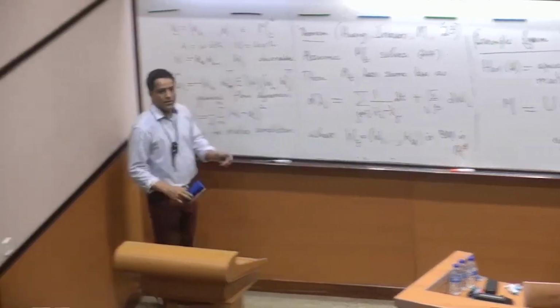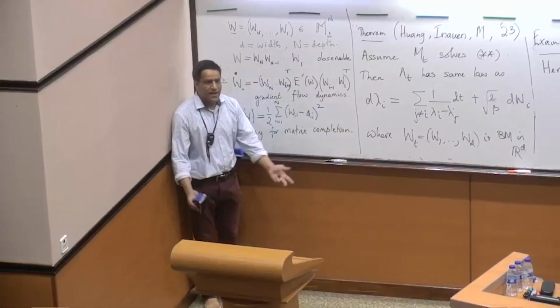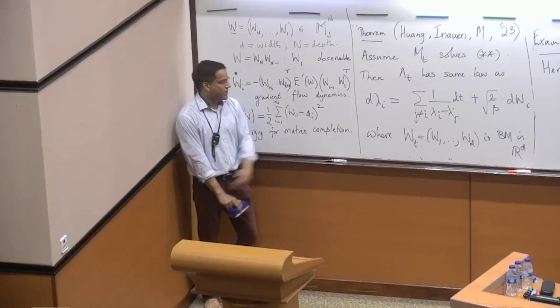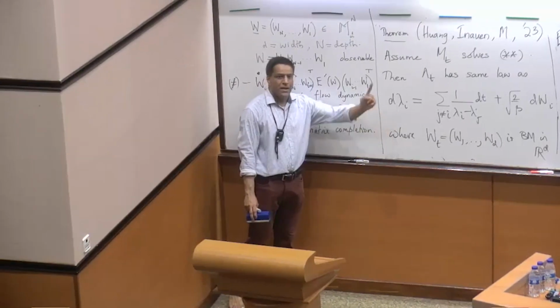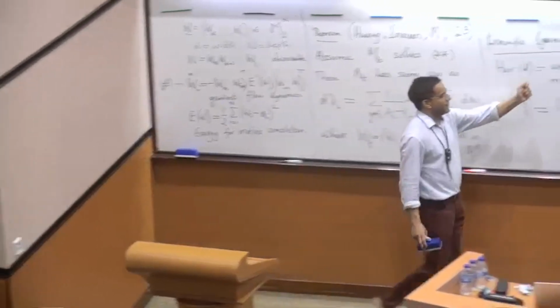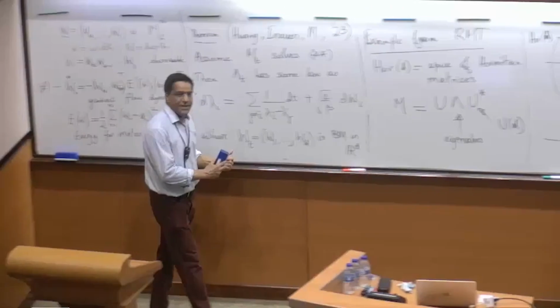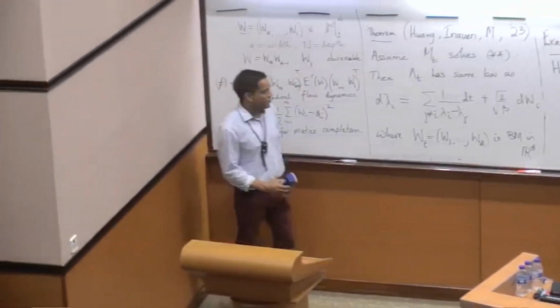Okay, so the theorem really is that there's a very, very famous SDE, the central SDE in random matrix theory, called Dyson Brownian motion, and what we're saying is that curvature effects can basically give rise to Dyson Brownian motion.